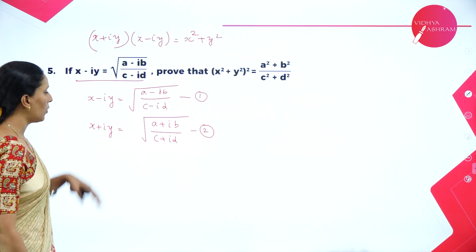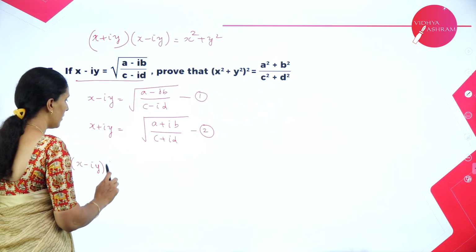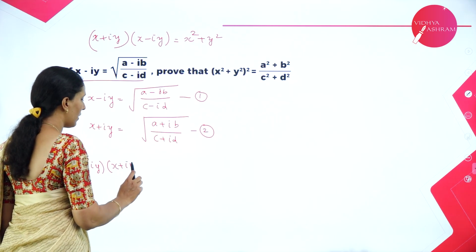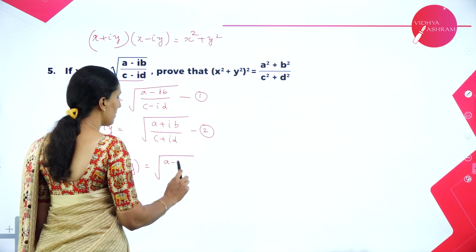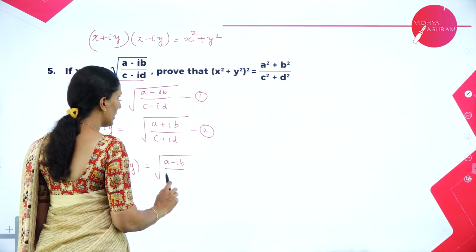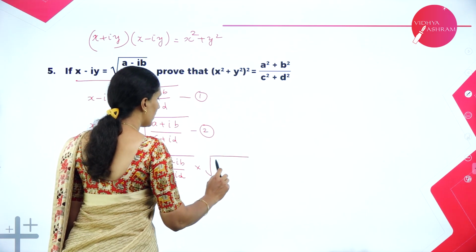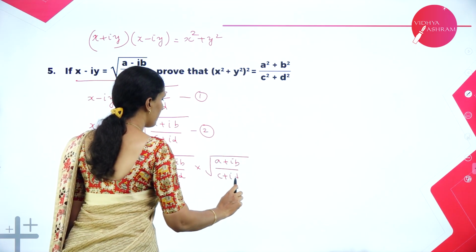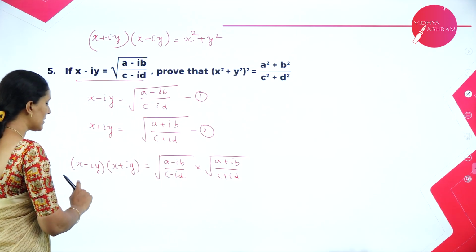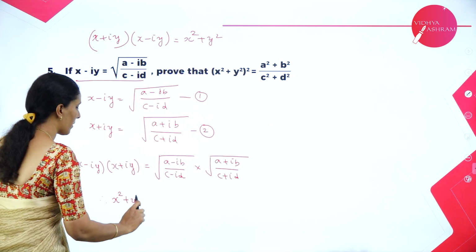Now multiply both equations here. Then it is x minus iy into x plus iy, which is equal to square root of a minus ib divided by c minus id into square root of a plus ib divided by c plus id. Now on your left hand side, you can clearly write this as x square plus y square.